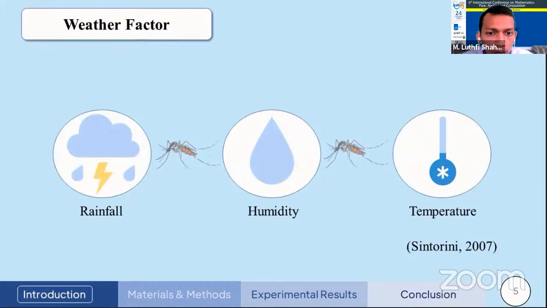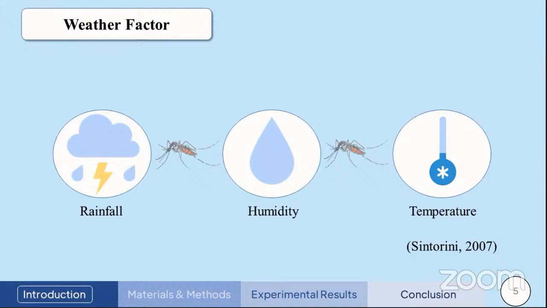Weather can affect cases of dengue hemorrhagic fever. Rainfall, temperature, and humidity are the climatic factors that influence dengue hemorrhagic fever cases the most. Why do these three factors affect dengue hemorrhagic fever? First, heavy rainfall will increase the number of places for mosquitoes to breed.